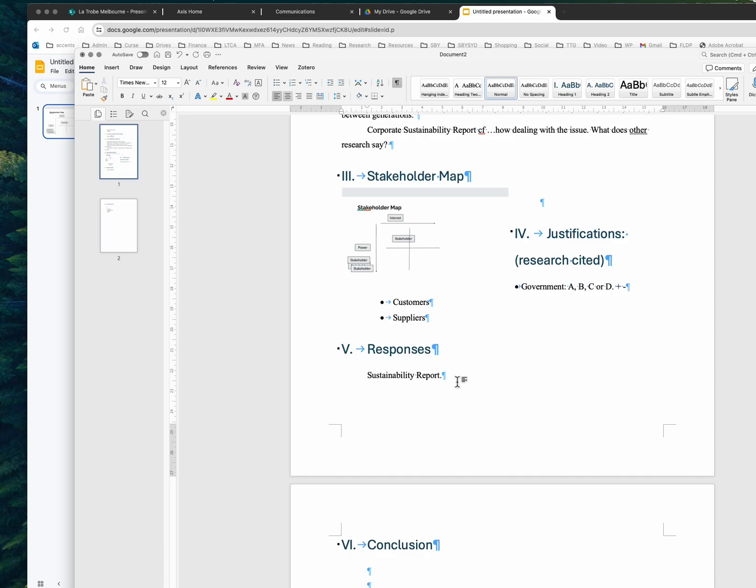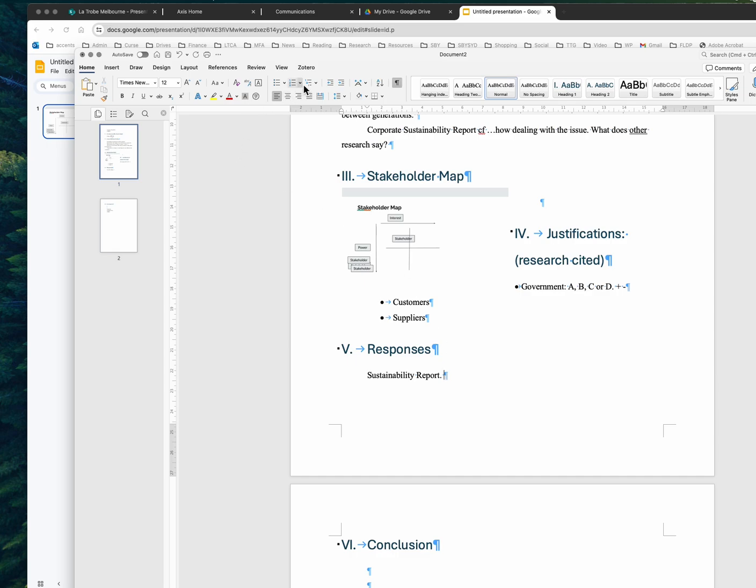So you're going to be citing from the sustainability report, but you might also be saying, well, look, this is not the first time that the issue, for example, of CO2 emissions has come up. So the company could use another company's approach in trying to deal with the issue. So use research in this part as well.